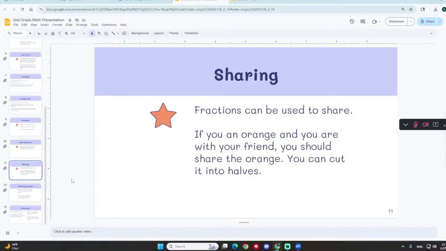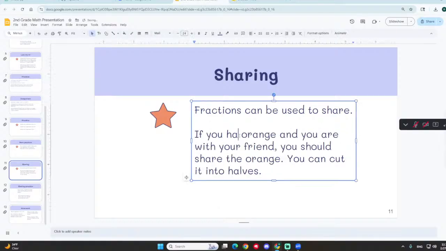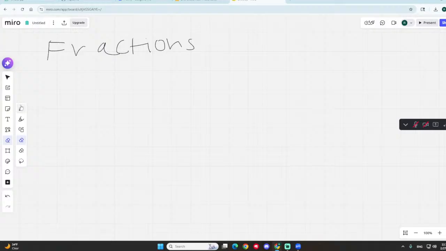Sharing. Fractions can be used to share. If you have an orange and you are with your friend, you should share the orange, right? So let's say you have one friend. This is your friend, and this is you.